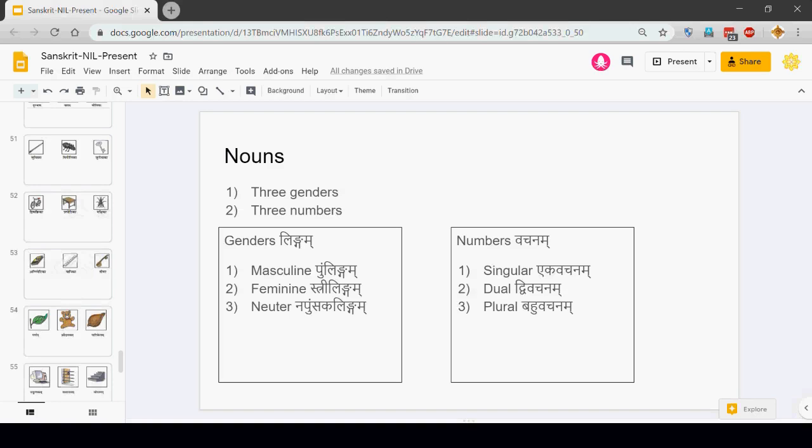Nouns refer to objects. Nouns represent some object. That object can be a real object, or it can be unreal, abstract, any kind of object.